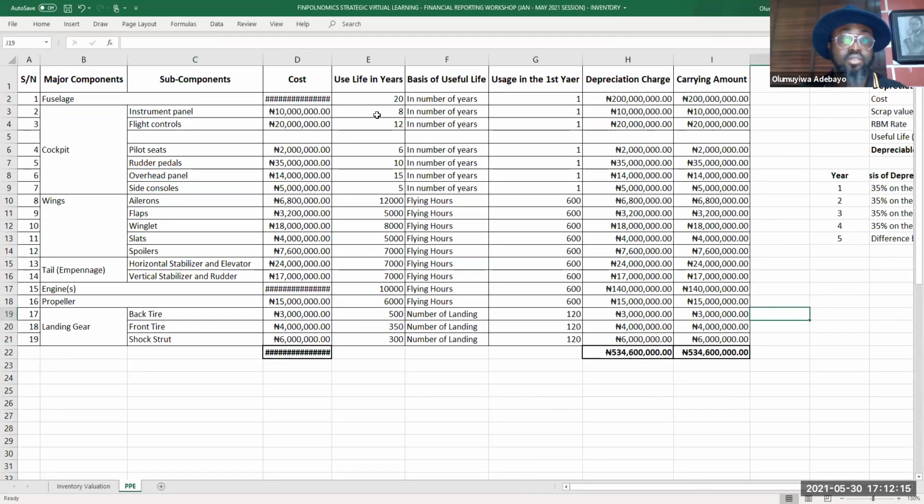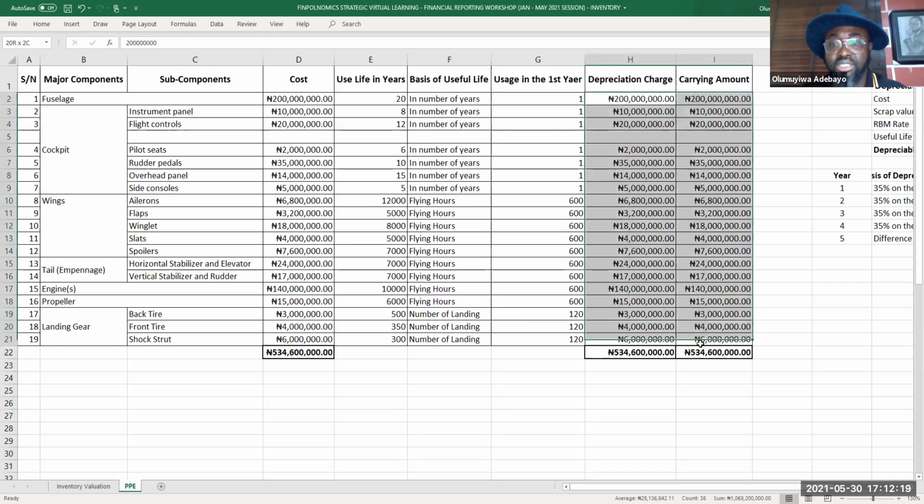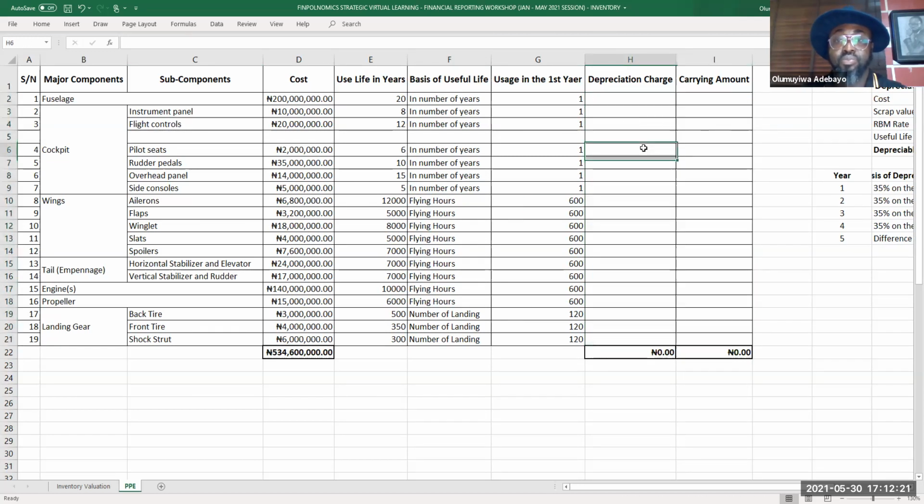Now, what then do we do as our depreciation? Our depreciation is 1 year out of 20 years that has been consumed of the cost.